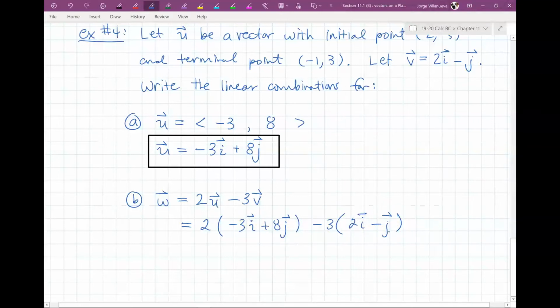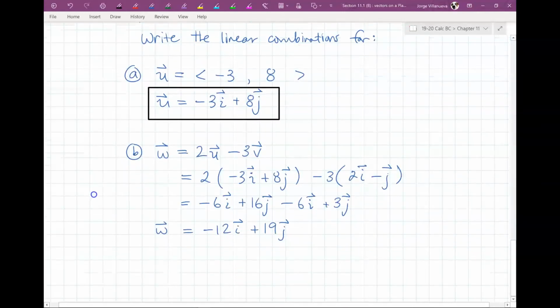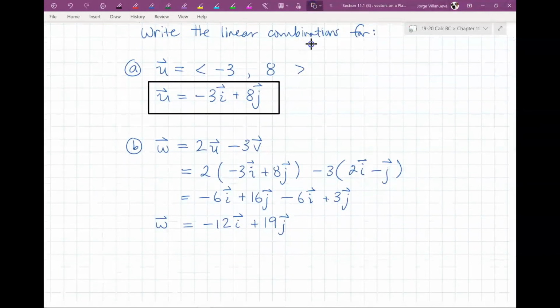Go ahead and distribute. It works just like that. It's not a big deal. So -6i plus 16j minus 6i plus 3j. And then just combine your like terms. So the i's go together, the j's go together, so you end up with -12i plus 19j. And that's vector W in a linear combination.